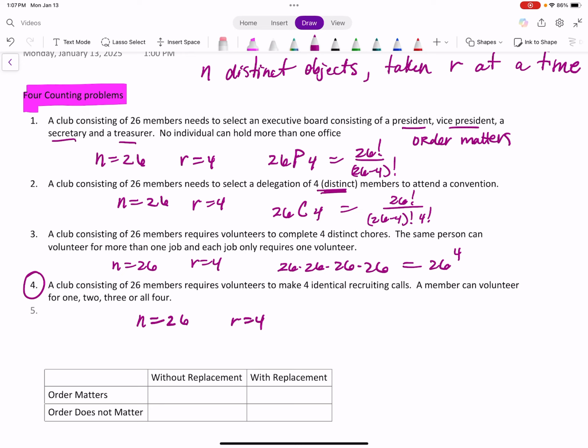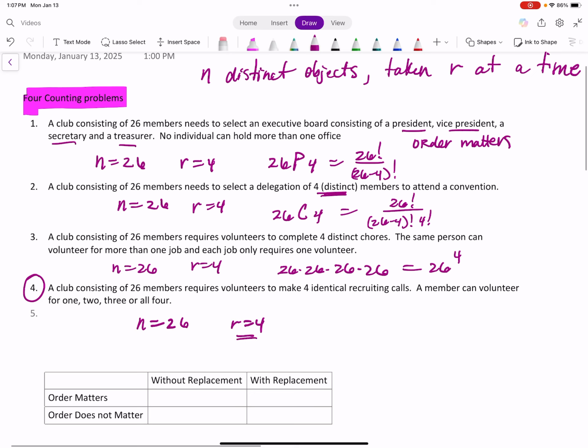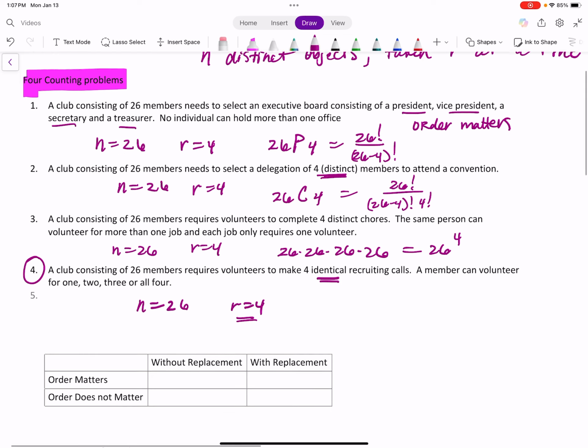We don't want to distinguish amongst our different calls. That's the identical part. And that's telling us that order doesn't matter. And a member can volunteer for 1, 2, 3, or all 4, and that tells us that repetition is allowed, or with replacement. And that's one that we haven't quite dealt with yet.